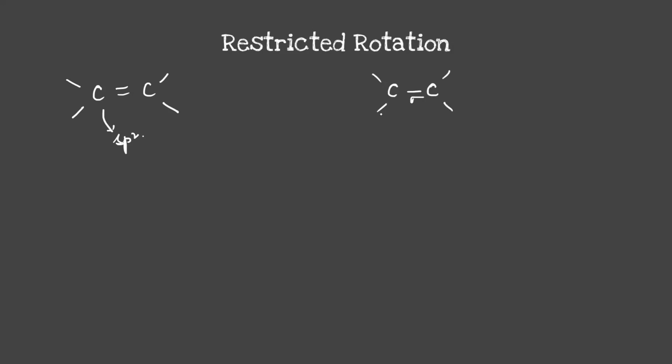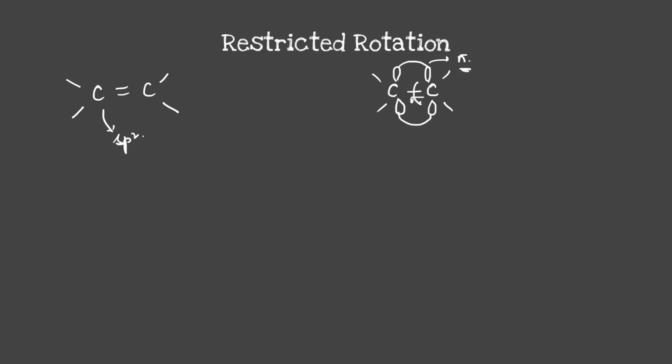This is a sigma bond, and the pi orbitals are overlapping sideways. So this is forming a pi bond. We have discussed this in chemical bonding under hybridization, VSEPR theory. So this is the sideways overlap of pi orbitals.